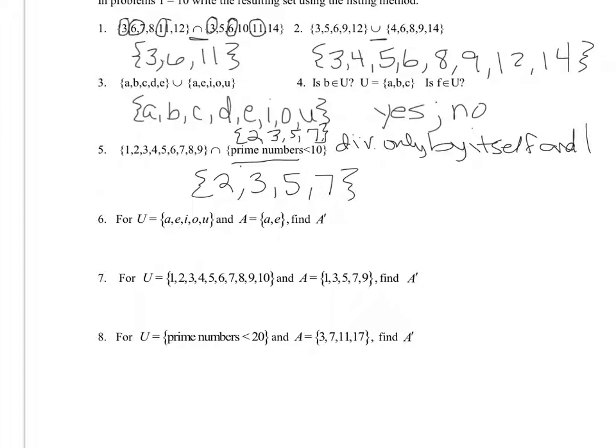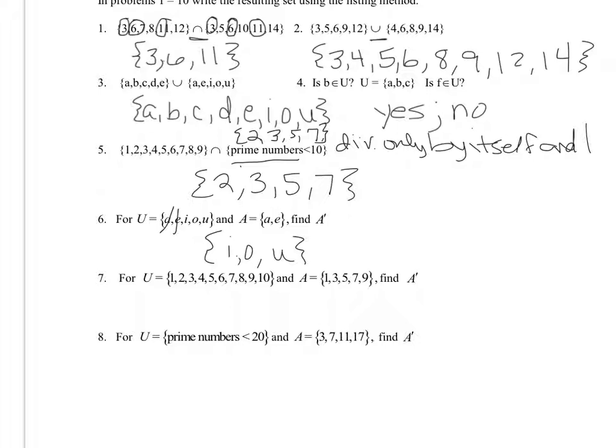The values in A are the letters A and E. So that means I want everything that's not in A, but is in the universal set. So I'm going to take off A and E, and that means I'll have I, O, U. And that would be my solution.